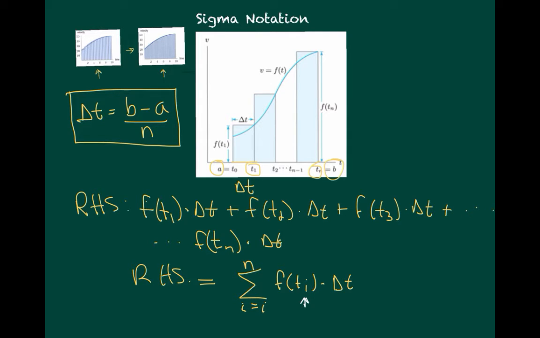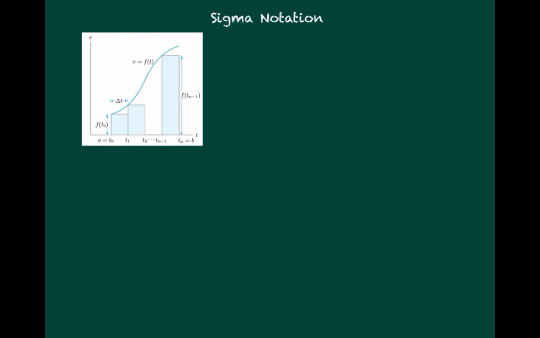Now, let's see how that's different than a left-hand sum. A left-hand sum is going to be very similar, except that our base is going to start in a different position.